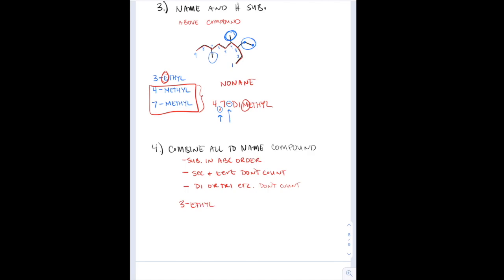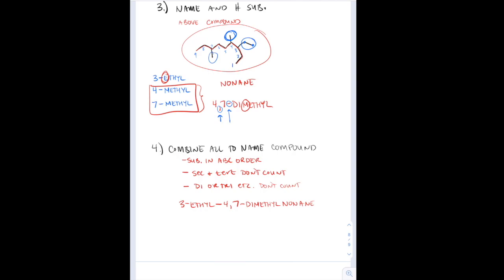So we have 3-ethyl, and then remember the letters are separated by the numbers with a dash, and then 4,7-dimethyl, and then we finish it with our parent chain and then our suffix at the end. So the name of this compound here is 3-ethyl-4,7-dimethylnonane.